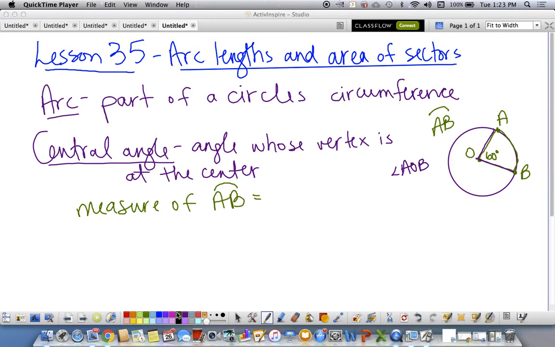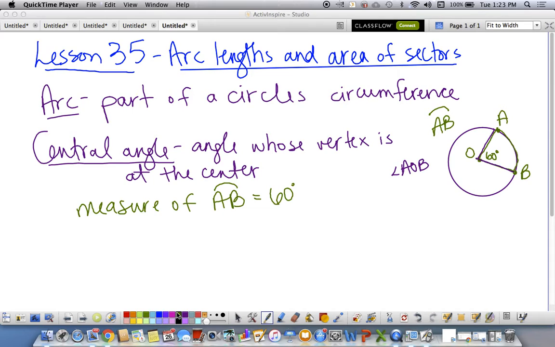Is it simply 60 degrees? Yes, it is. The measure of the arc is the exact same. It's always equal to the central angle. Okay? The measure of the arc.